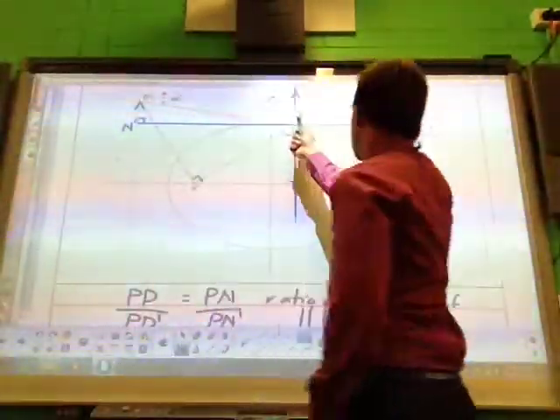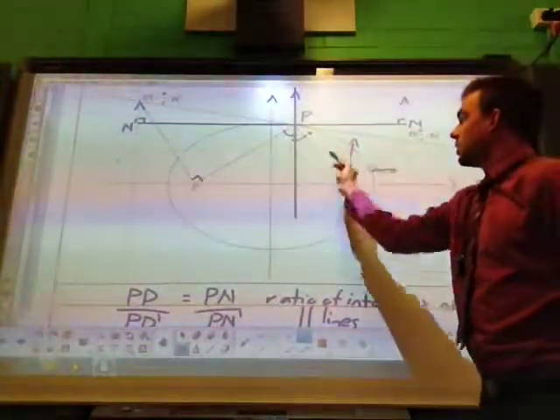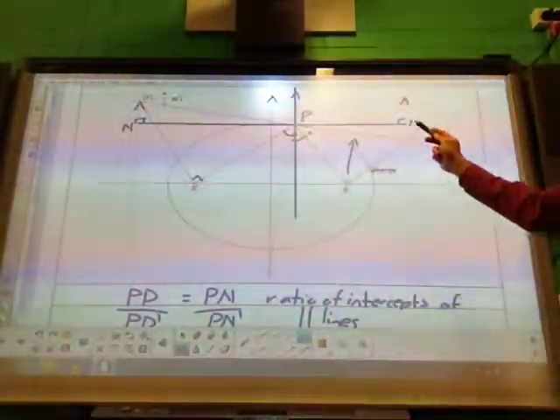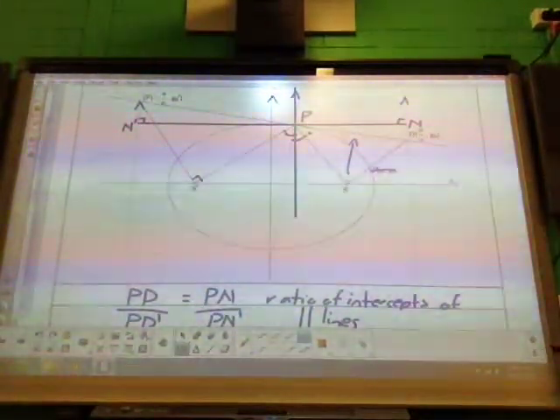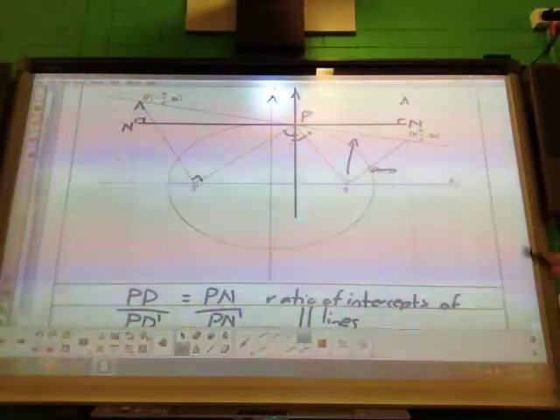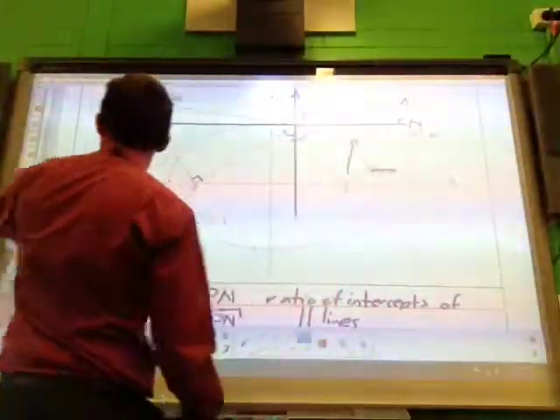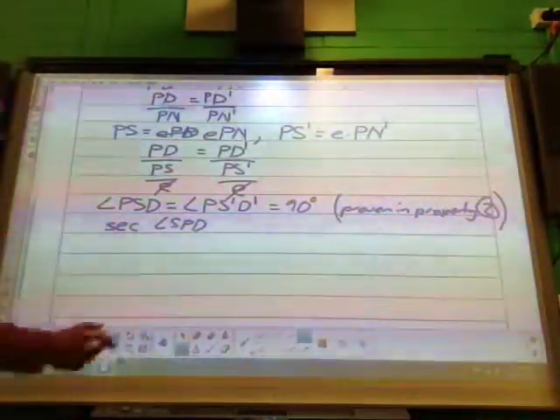Right? So PD is the hypotenuse. PS is the adjacent side. Okay, so we need the ratio of the hypotenuse to the adjacent side. Okay, so cos is adjacent over hypotenuse, but we need the reciprocal. So we have the secant of the angle SPD.